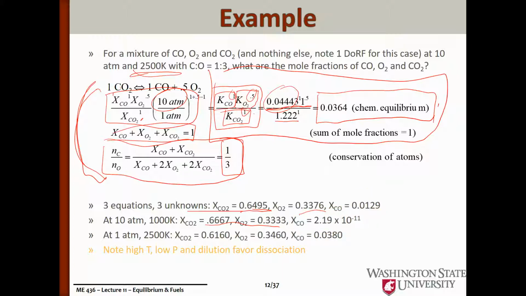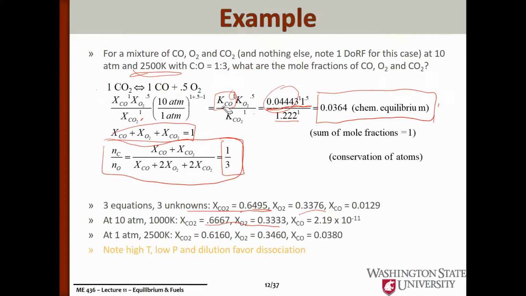Pressure in this case is going to drive things the other way. If I have high pressure, I'm going to squeeze these 1.5 molecules back into 1 molecule due to Le Chatelier's principle. So at the same 2500 degrees and 1 atmosphere, I'm lowering the pressure, which is going to allow more dissociation.